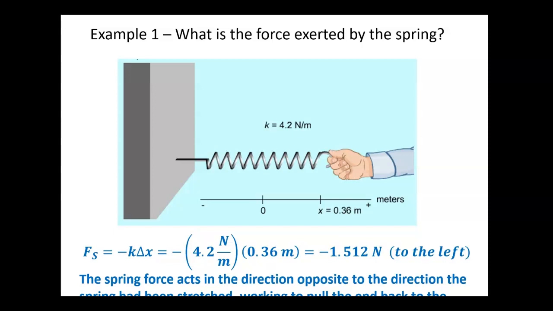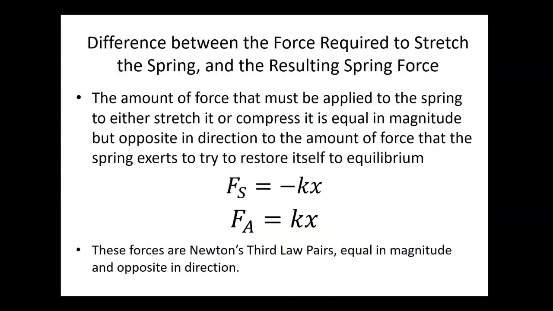So that would be negative 4.2 newtons per meter times the 0.36 meters. So the spring is exerting a force of 1.512 newtons back to the left. The spring force acts in the direction opposite to the direction that the spring was stretched. It's trying to return the end of the spring to its equilibrium position.